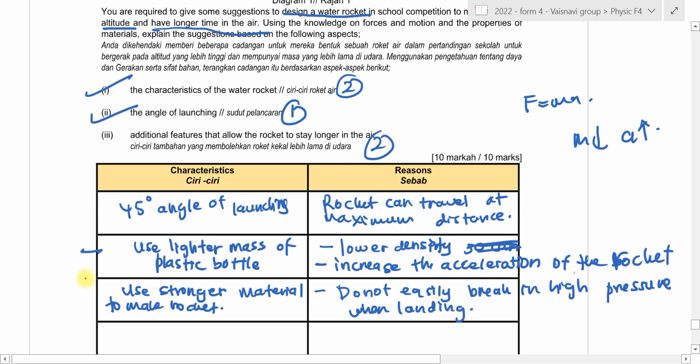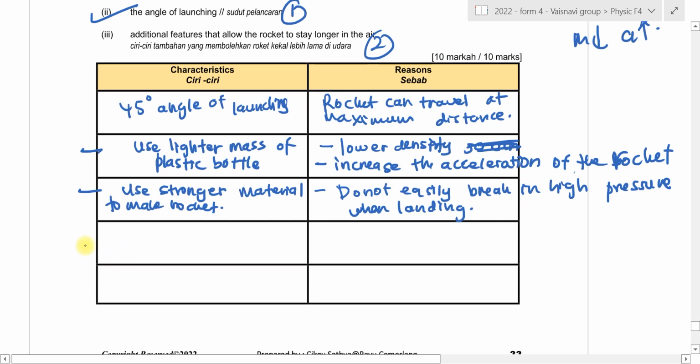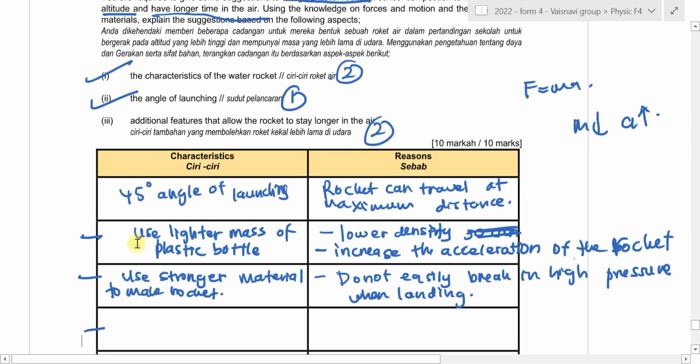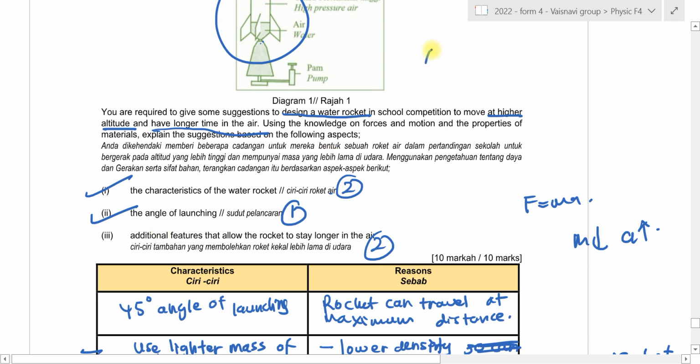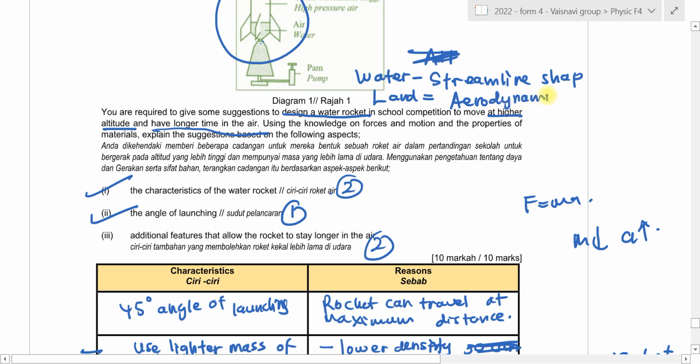Okay, saya bagi extra point lagi satu. Kalau kita nak buat apa-apa saja, kenderaan ke, apa-apa saja, kalau dekat air kan, kita guna streamline shape at water vehicle. Kalau land vehicle, kita biasa guna aerodynamic. Kalau yang air punya, kita guna aerofoil. Ini kamu akan belajar di form 5.